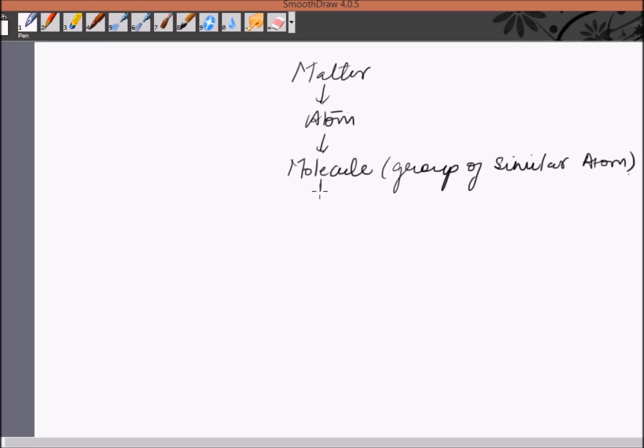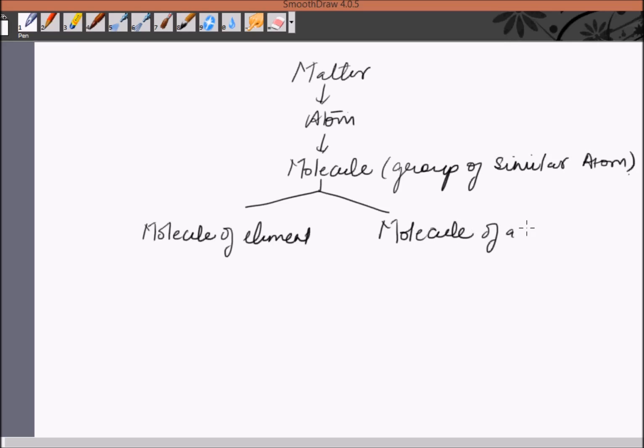So friends, here we have two kinds of molecule. We have a molecule of an element. We also have a molecule of a compound, right?